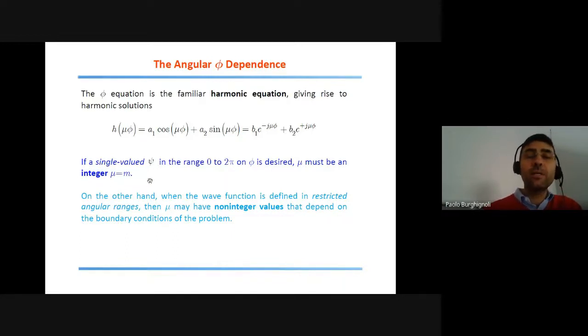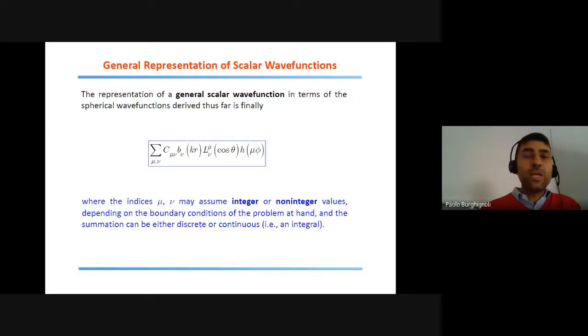On the other hand, if the spherical coordinate phi does not cover the entire range, but it covers only a restricted range, this depends on the particular boundary conditions of the problem, then in this case, mu may also assume non-integer values, okay?